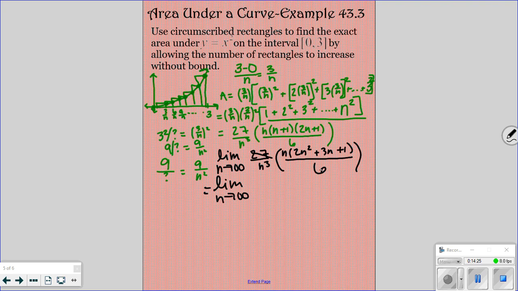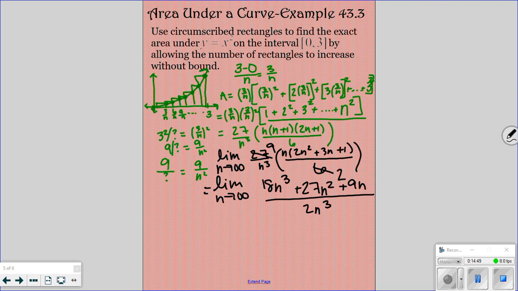This 27 and this 6 both divide by 3 to make a 9 and a 2. And so we'll have 18n cubed here. And then we'll have 9n times 3n, so 27n squared. And then 9n times 1 is 9n over 2n cubed.